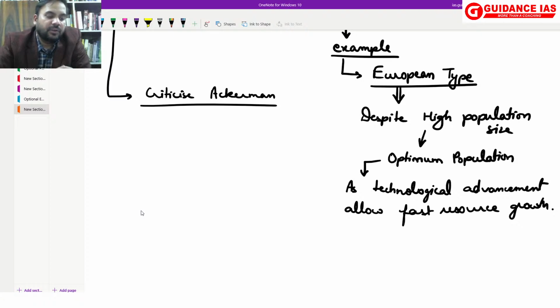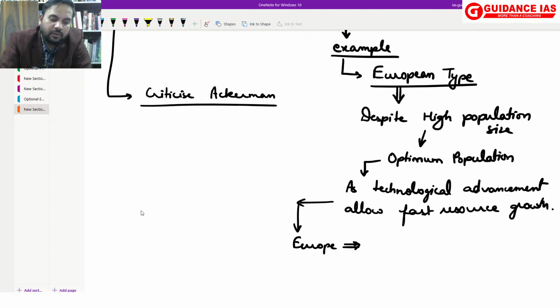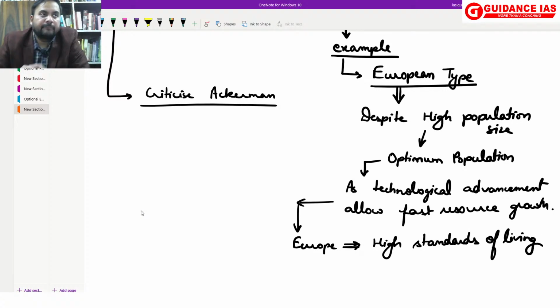And thus we know that Europe is characterized by higher standards of living.